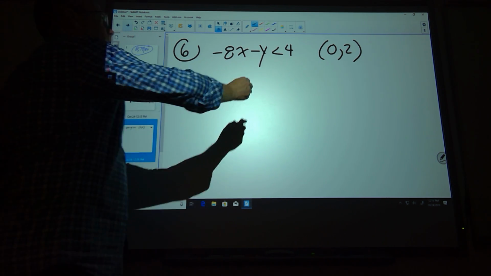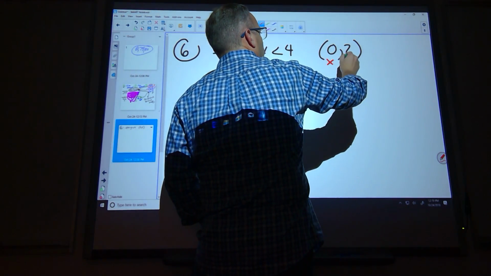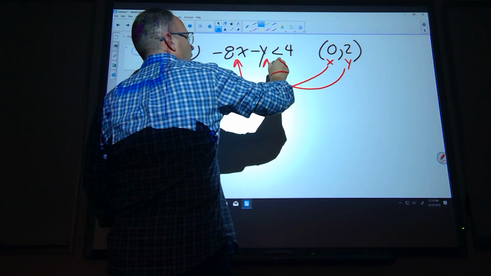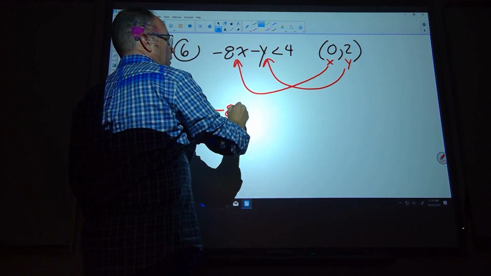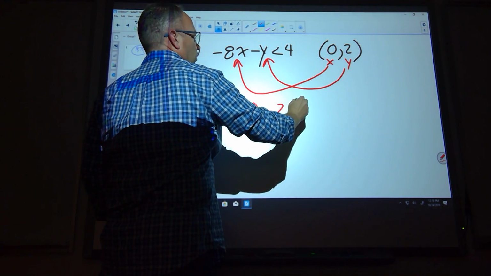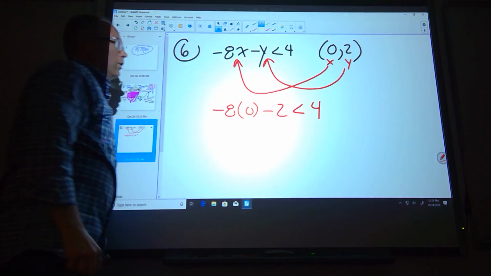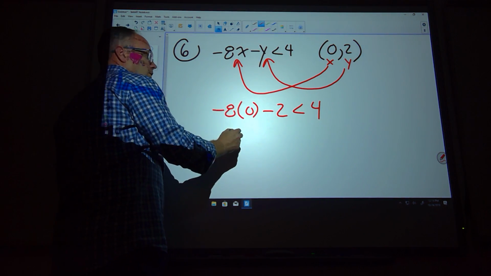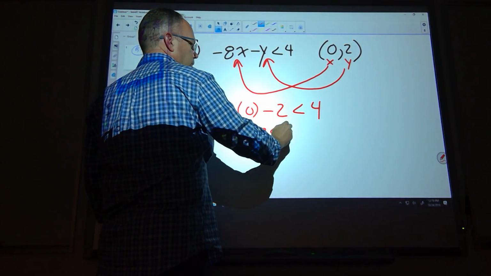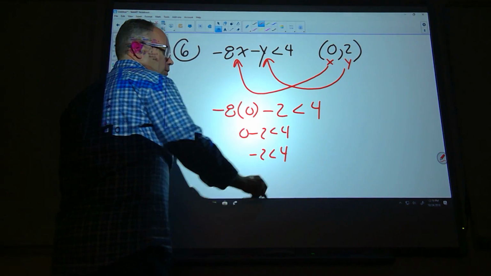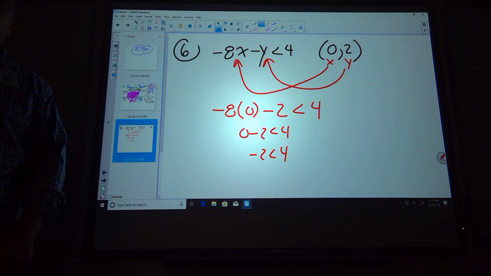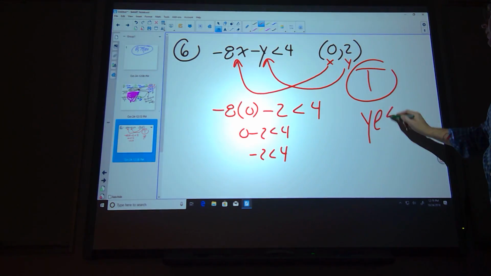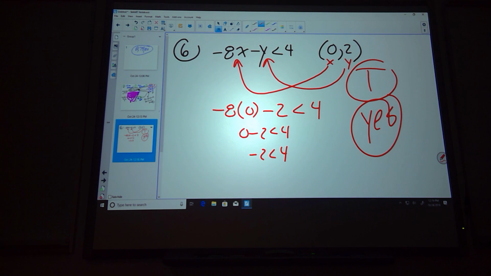So what I'm going to do is take this x and y value. I'm going to plug my x value in here and my y value in there. So I get negative 8 times 0 minus 2. Is that less than 4? So that was the x, that was the y. I just plugged in my values. So this is 0 minus 2 is less than 4. So is negative 2 less than 4? Yep. So this is true. So yes, this is a solution to our problem.